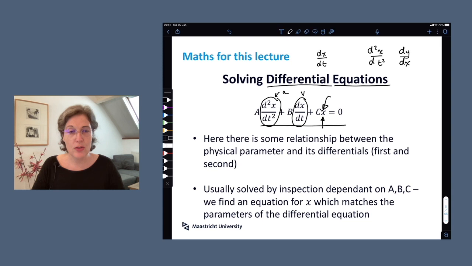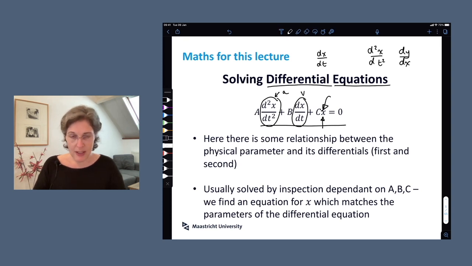So all your equations of motion are actually differential equations. It's just we haven't been thinking about them like that. And there are many, many different situations in which differential equations are useful. They get used in population modeling, they get used in chemistry, and of course they get used in physics.